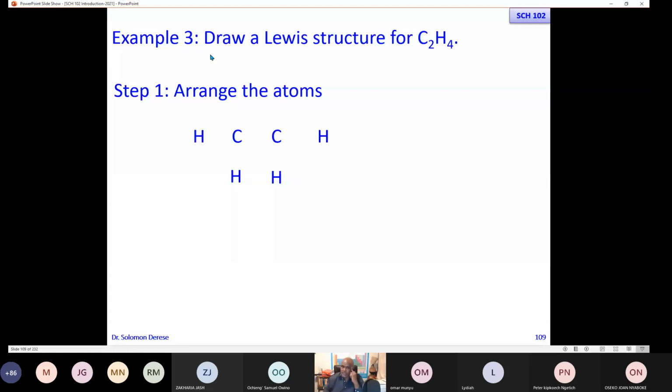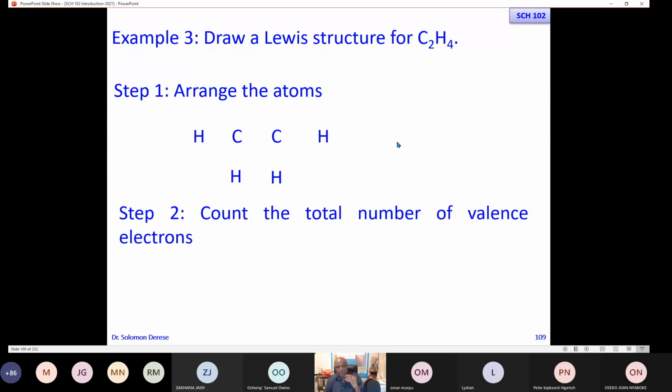The carbon can form only 3 single bonds, bringing 6 electrons. So there must be additional electrons to fulfill the octet of the carbon, as we shall see in a short while.